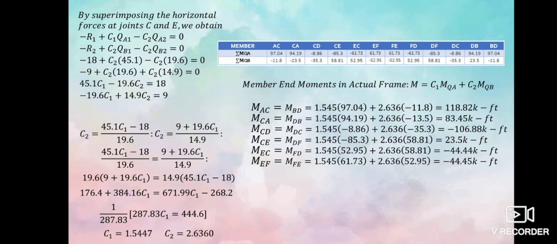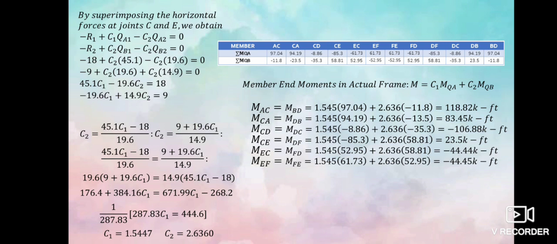Cross-multiplying, 19.6 times (9 plus 19.6 C1) equals 14.9 times (45.1 C1 minus 18). You'll get 176.4 as it was multiplied, plus 384.16 C1 equals 671.99 C1 minus 268.2.